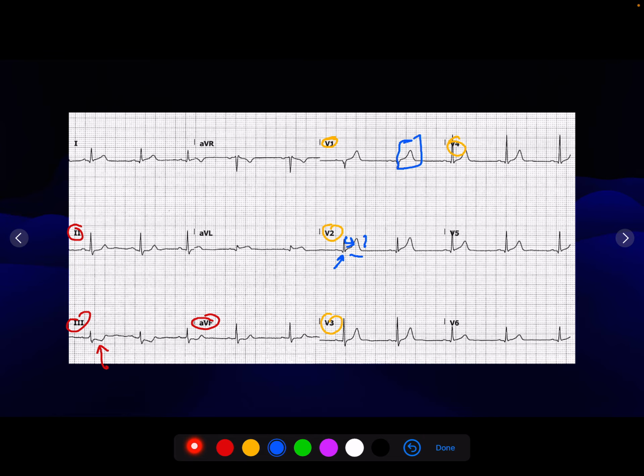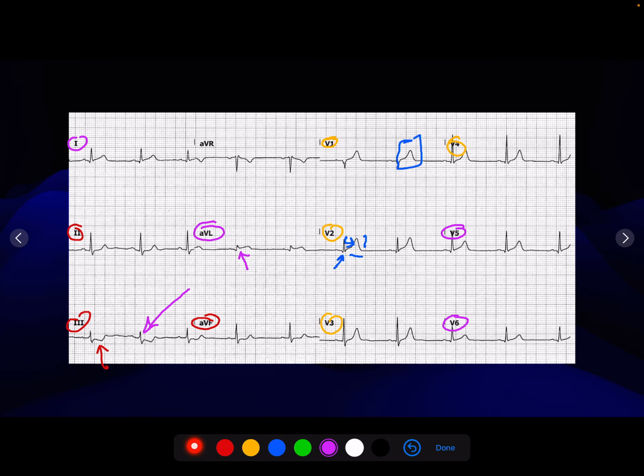Now if I move on further to the lateral leads, V5, V6, 1, and AVL, again, I have a slight bit of ST elevation there. By itself, that would not meet STEMI criteria, but this is in the high lateral wall, and I have this depression here in lead 3 specifically, maybe a little bit in AVF, and that is almost certainly reciprocal, and that is more powerful evidence that we are in fact dealing with a STEMI equivalent.